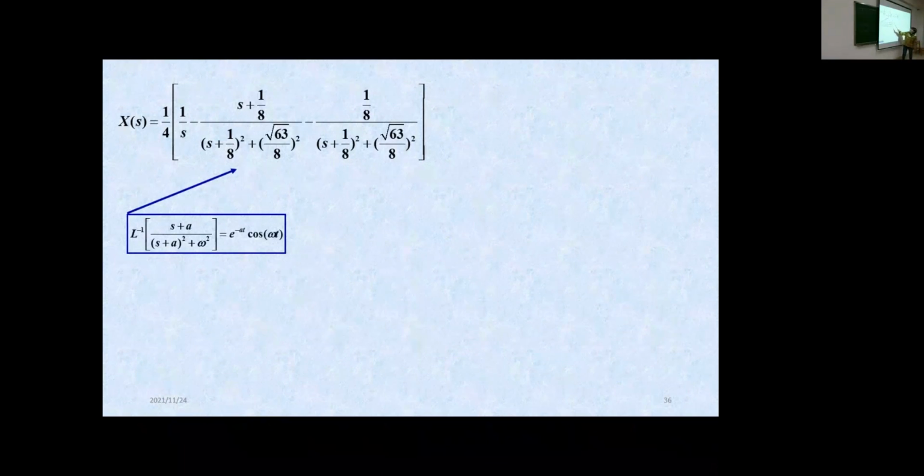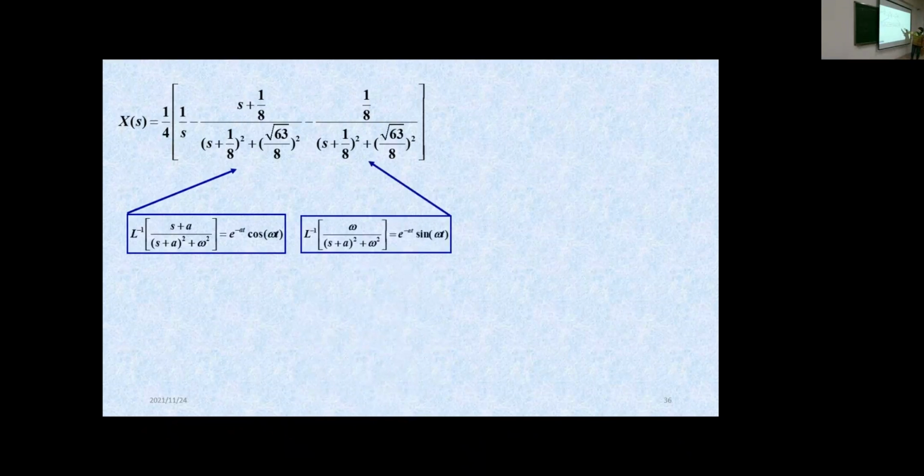You do that, right? And this one is what? It's e to the negative a t cosine omega t. So we can find this one in the table. So we can do the inverse transform, right? And this one is what? This is cosine, and this is what? Sine.